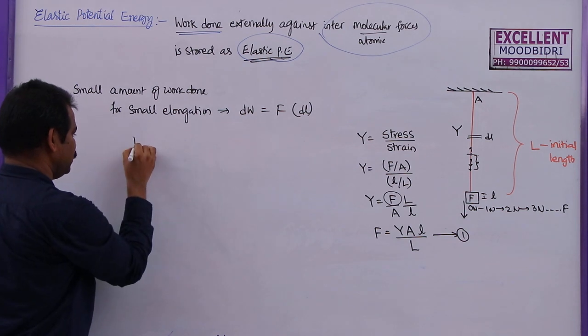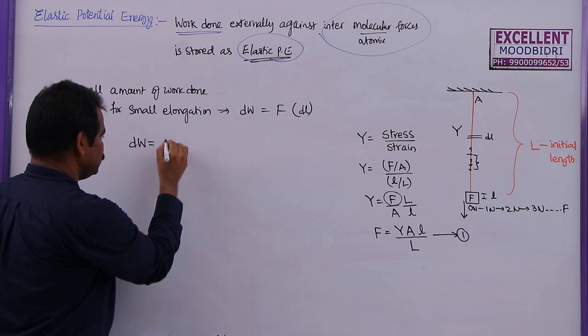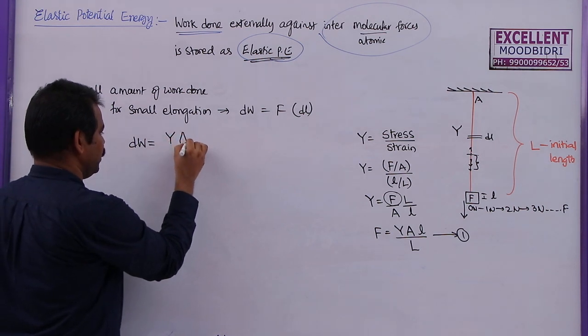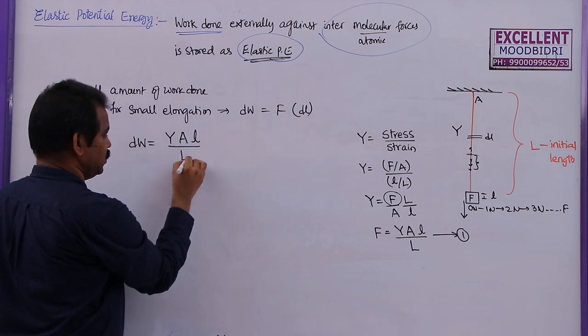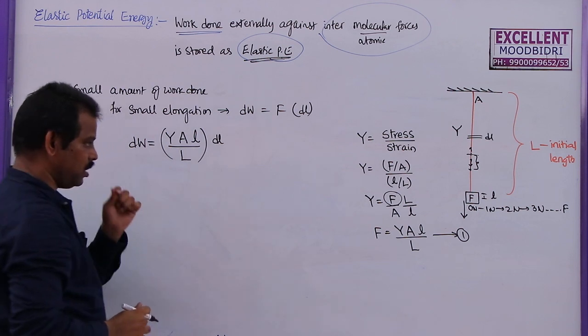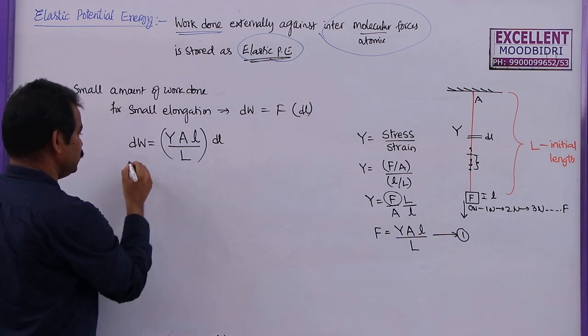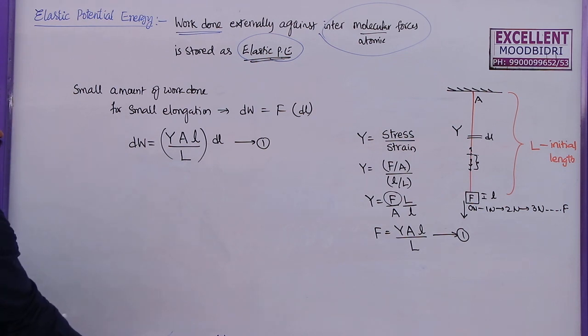So what can I write? dW is equal to, what is the force from the first equation? This is the Young's modulus of the wire, area of cross section of the wire, change in length by original length. This is the force, into the increase in length or elongation produced, dl. Now this is equation 1. How to find the total work done, or the total energy stored here?